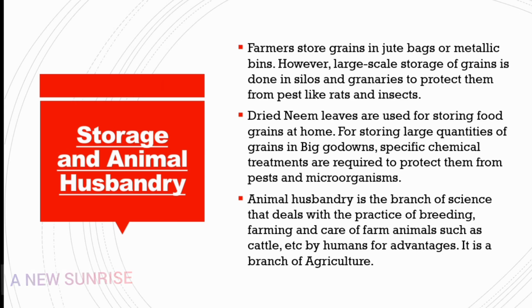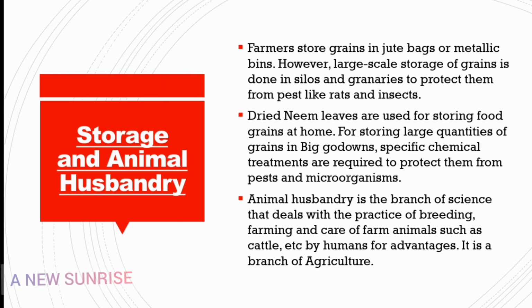Next comes storage and animal husbandry. Farmers store grains in jute bags or metallic bins. However, large scale storage of grains is done in silos and granaries to protect them from pests like rats and insects. Dried neem leaves are used for storing food grains at home.